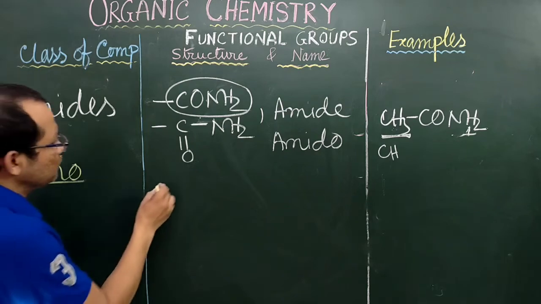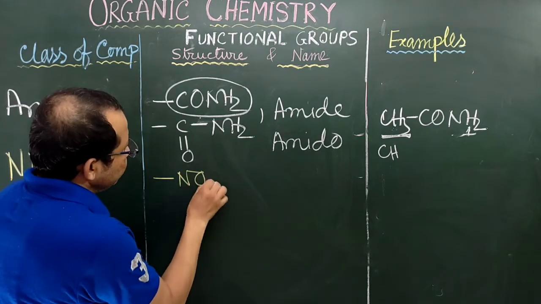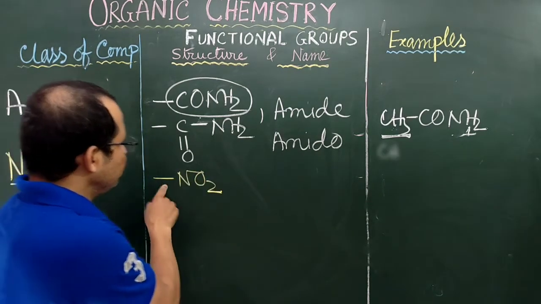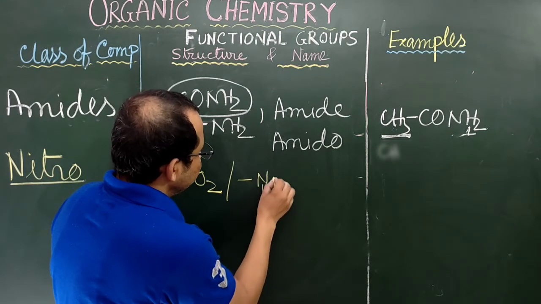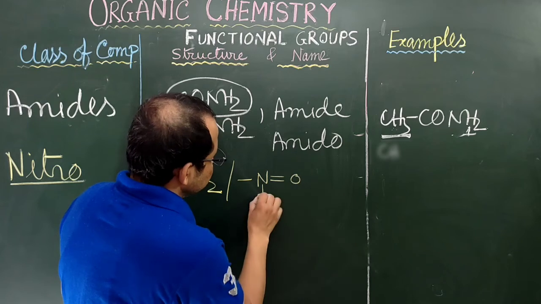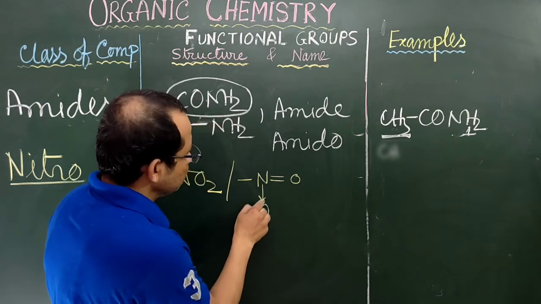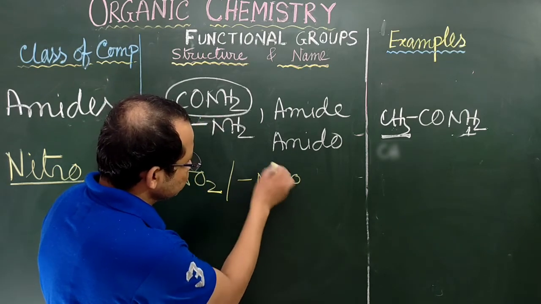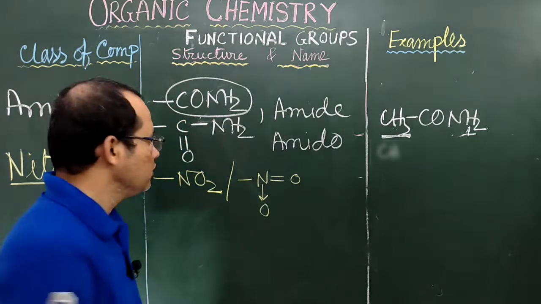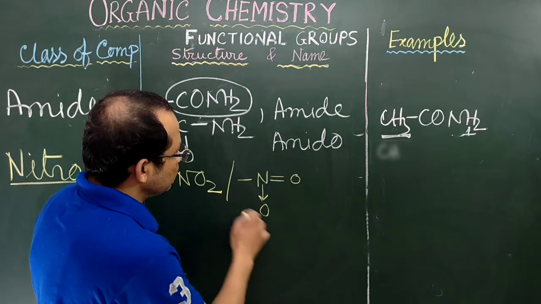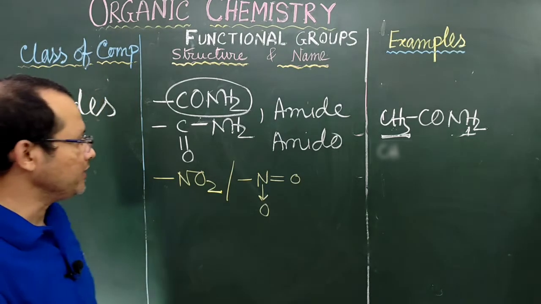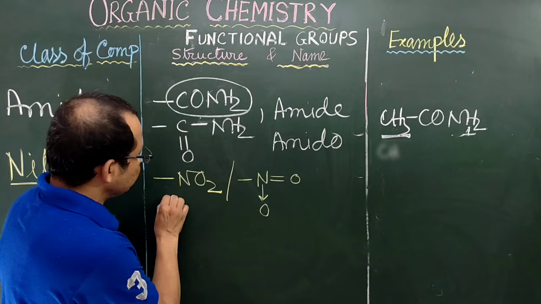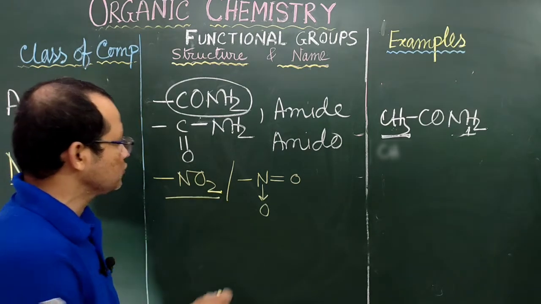Now we have two left, and the before last one is the nitro group. So a nitro compound will contain an NO2 group, and if we write down the structure of this, it will be like this and this. Later on we shall discuss what it indicates. This is not the right place to do that. So any compound containing this is called a nitro compound, and this is the short form of the nitro group.